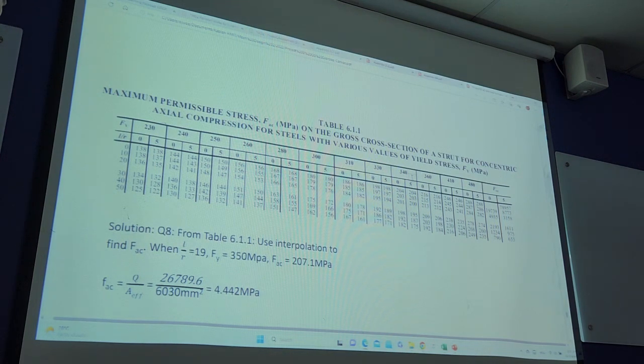So right now about half. 203 to 215, what's the difference? 12. So 203 plus 6, 209. But because this is 19, you have to interpolate again. So you can roughly get about 207.1.